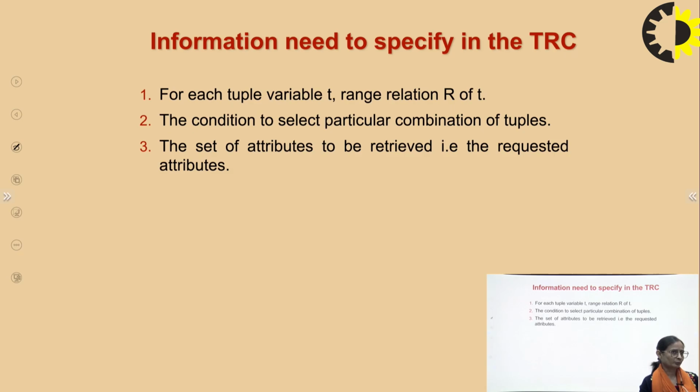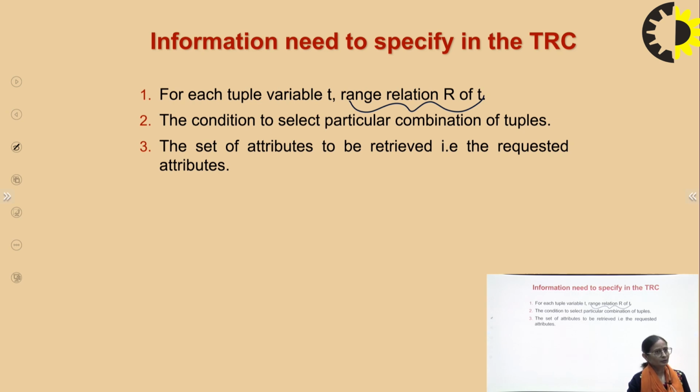So what is the information we need to specify in the TRC? After going through these two examples, we have seen that for each tuple variable T, you need to mention the range relation R of T, that is, on which relation you are working.